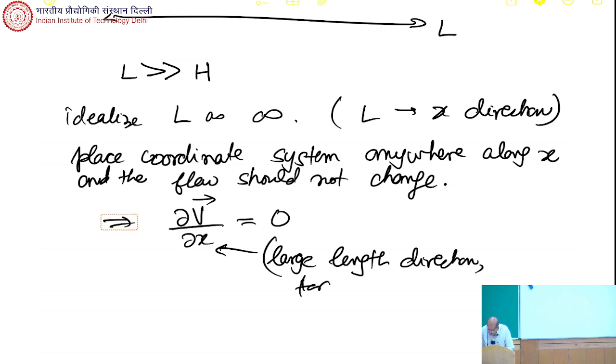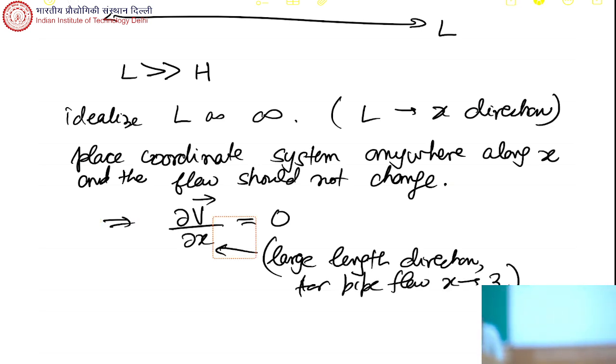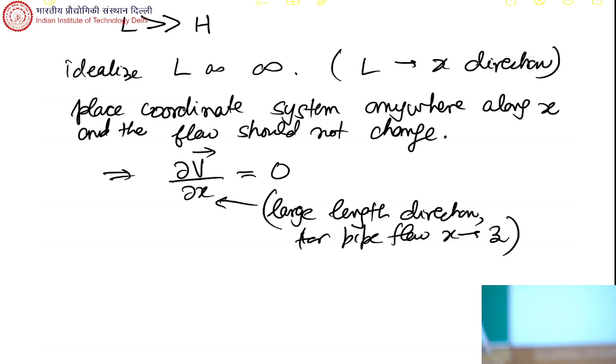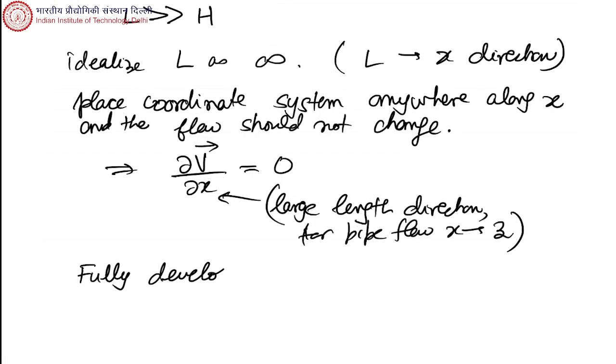So for pipe flow, x will become z, because we had r, theta, z, and I called z the large direction. This is also called a fully developed flow. That means possibly near the entrance and the exit, this condition may not be valid.